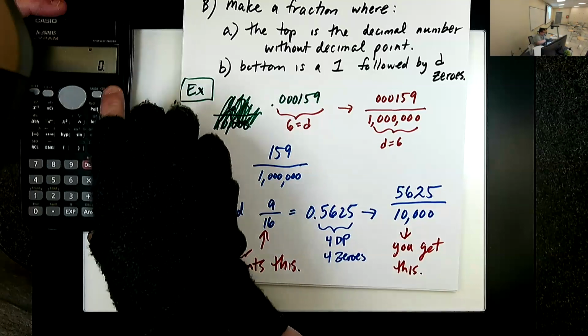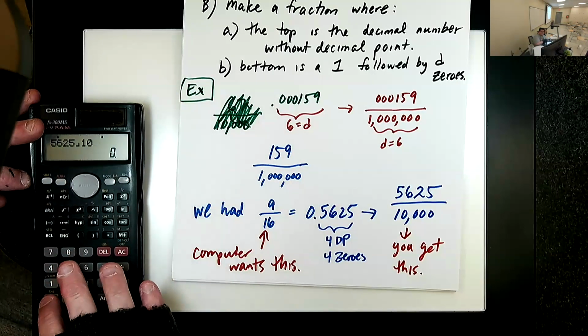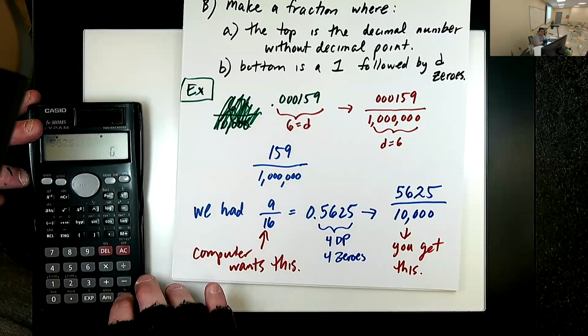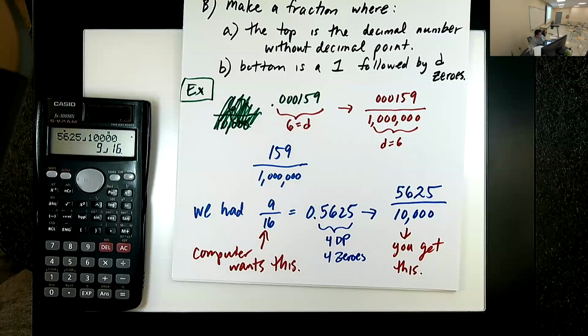Now, maybe one of your calculators will show it and do that for you. Mine does. Mine simplifies to 9 over 16. If yours doesn't, you have to do it by hand.